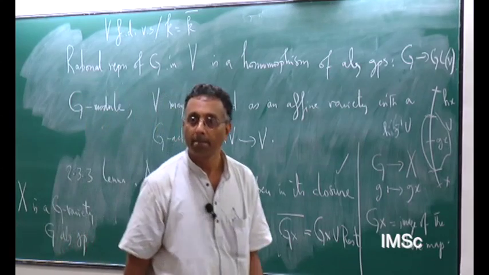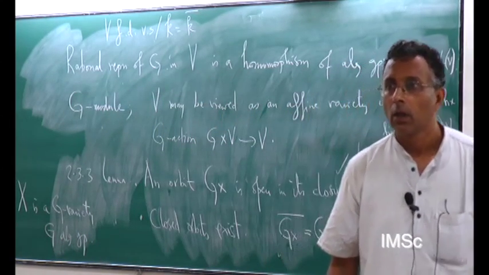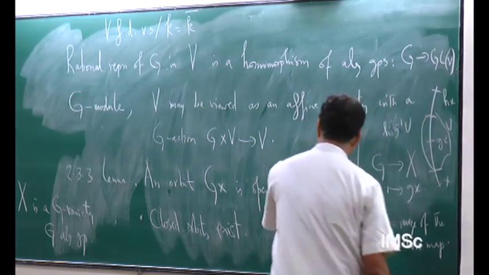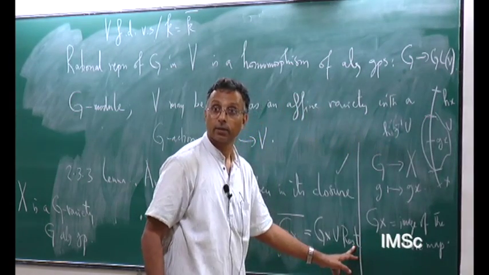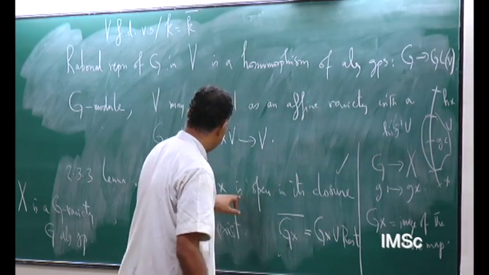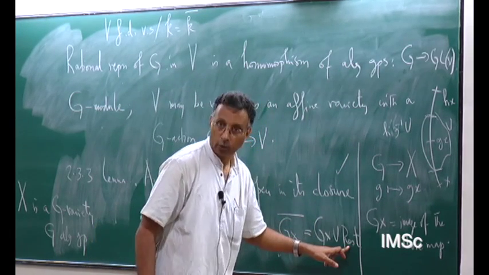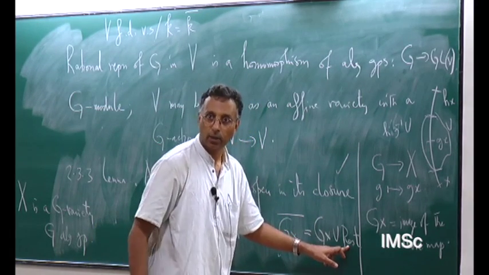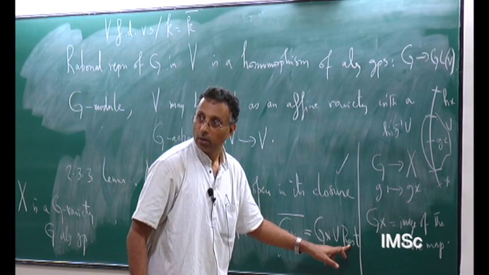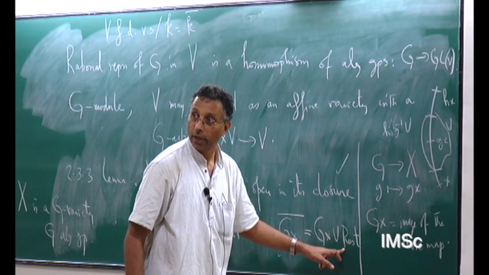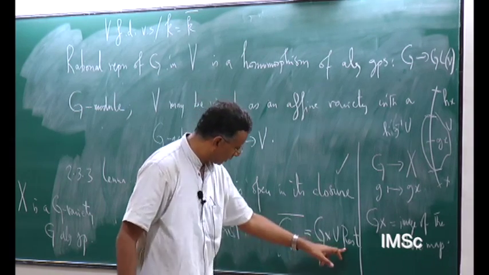Why is that closure not equal to this? That closure might still be equal to this. No, because this has an open set which does not intersect this. The fact that this is open in its closure implies this. Good point, it's a good question. He's asking, suppose I take some closure here, I have to say why this closure is strictly smaller.